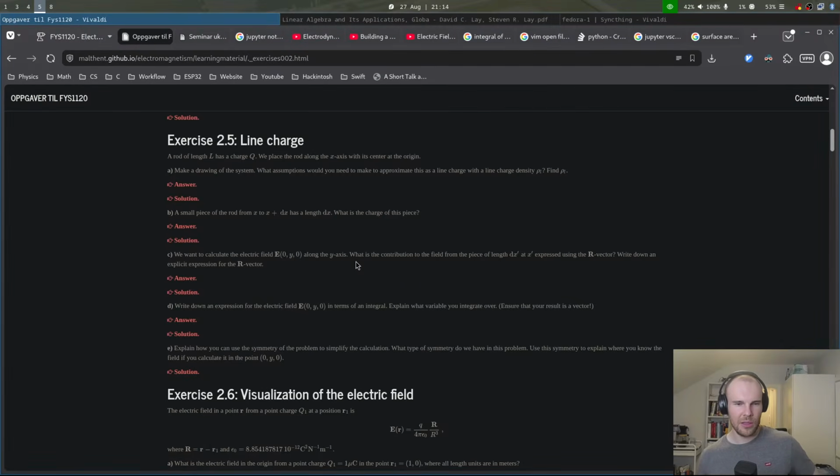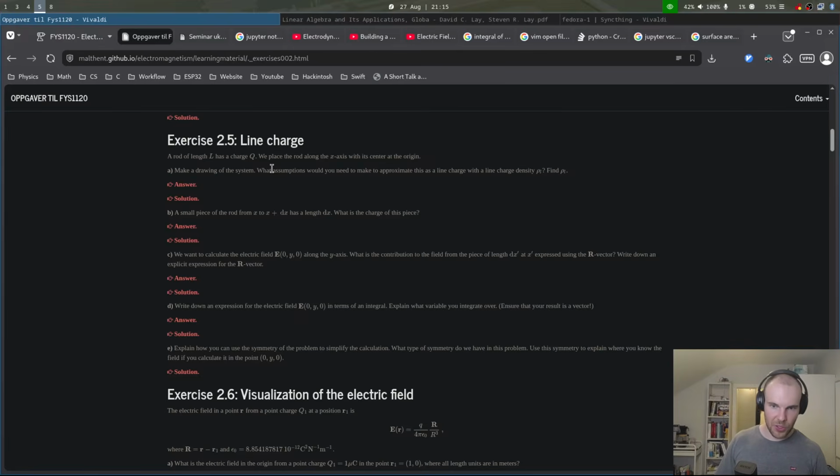Perfect. And then, what assumption would you need to make to approximate this as a line charge? Yeah, you need to assume that the charge is uniformly distributed and continuous across all of this rod, right? So you can imagine that this is just charged particles that are uniformly distributed throughout the whole object, in this case just the length, right?